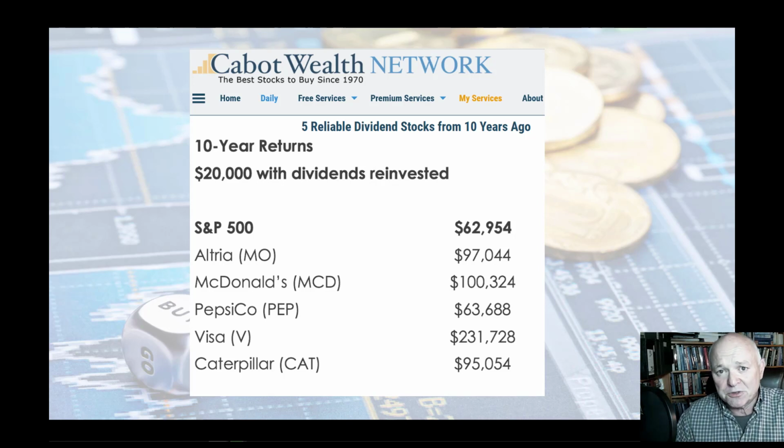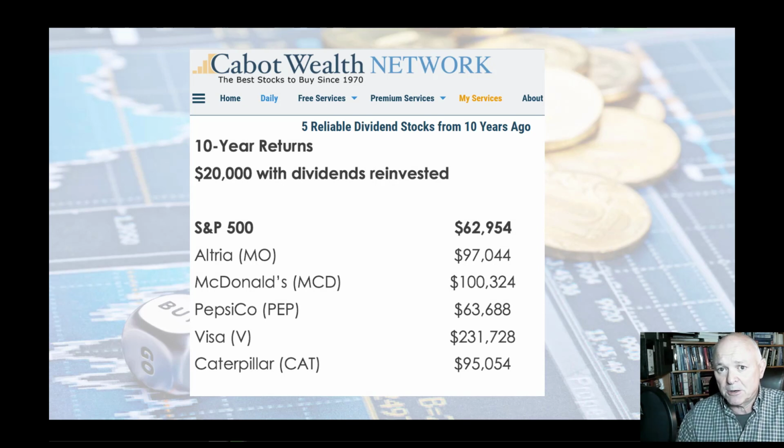analysts will regularly point out that certain companies are persistently capable of generating higher than average returns because they pay regular dividends. These 5 stocks are identified as ones that have done particularly well. If you put $20,000 into an average Standard & Poor's 500 firm 10 years ago, that $20,000 would have turned into about $63,000 today.